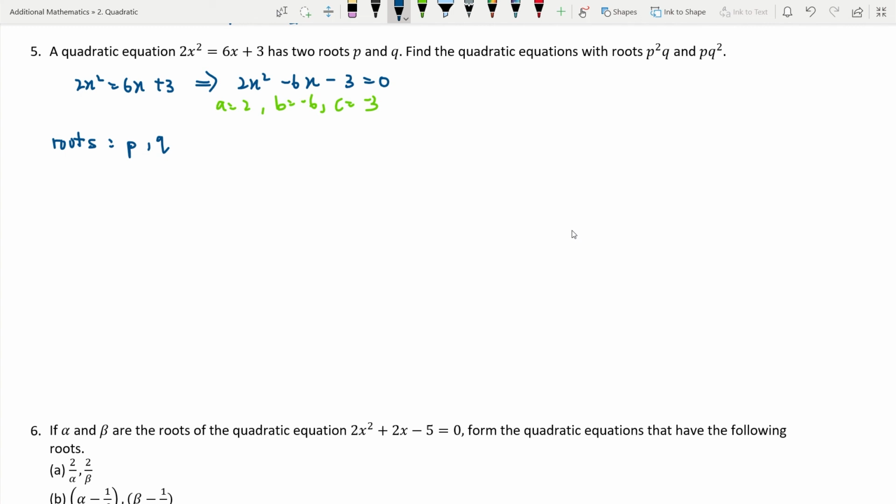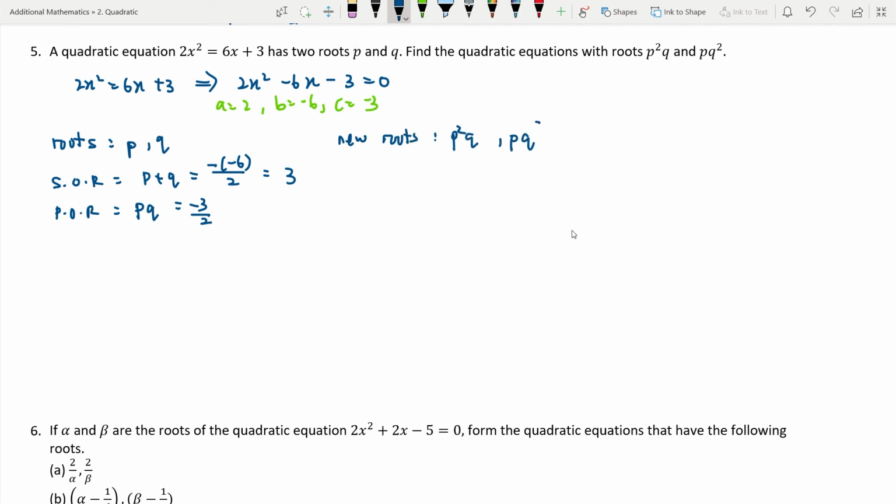Let's find our sum of roots and product of roots. The sum of roots is equal to p plus q, which is equal to negative negative 6 over 2, which is 3. The product of roots is equal to p multiplied with q, which is negative 3 over 2. We are asked to find the new quadratic equation with the new roots. Our new roots are p squared q and pq squared.